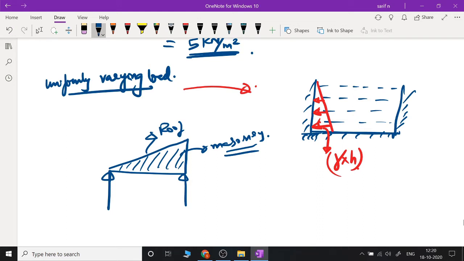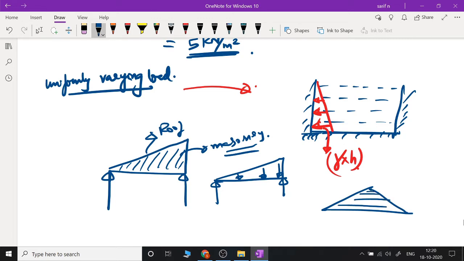Now since the masonry has a triangular variation, the load that is going to come over it is also going to have a triangular variation. You will have a load distribution like this, and you can represent it by the maximum value of the load intensity. Similarly, imagine if the roof truss was like this and this much portion was filled by masonry. In that case, you would have a triangular variation of the load like this. So there are different ways in which loads can be represented.